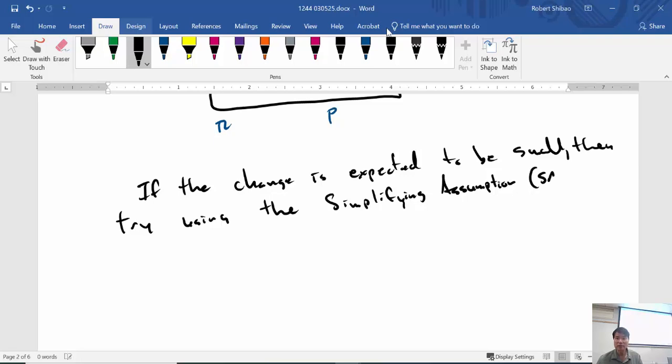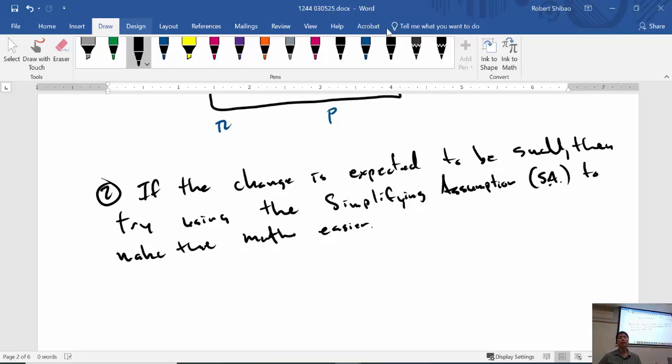Simplifying assumption, I'm going to write SA, to make the math easier. This is number 2. All right, and so we're going to do both of these for this particular problem here.